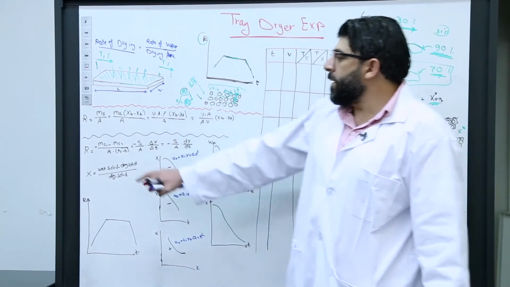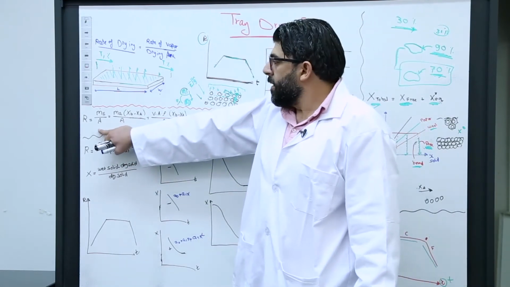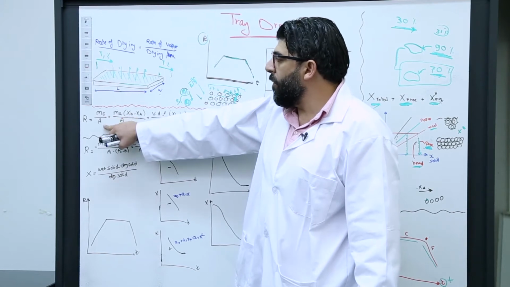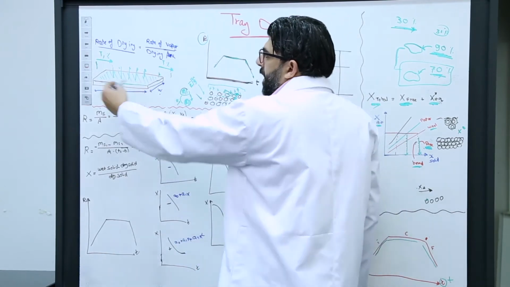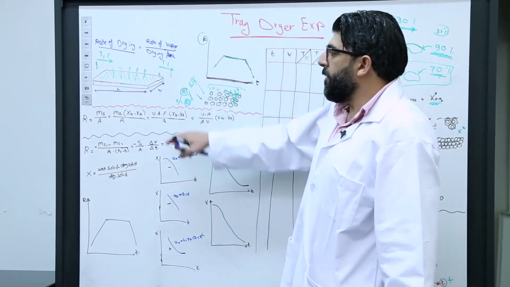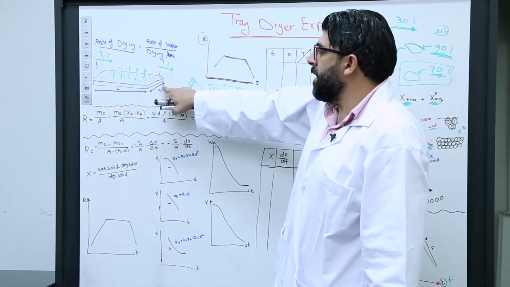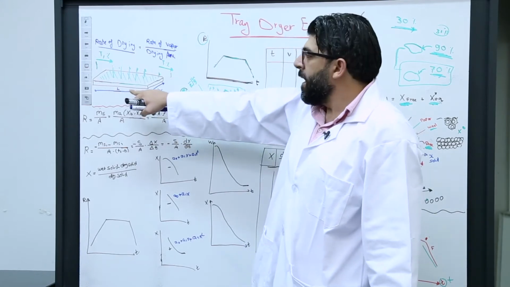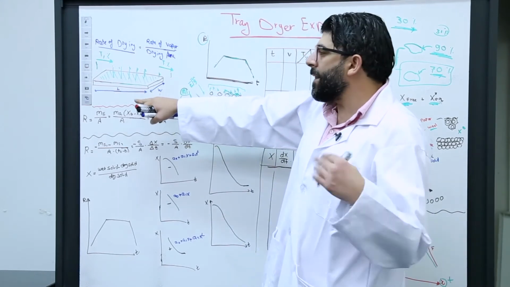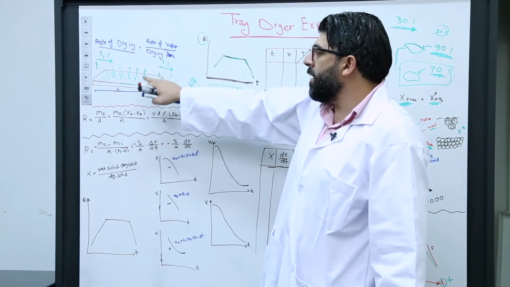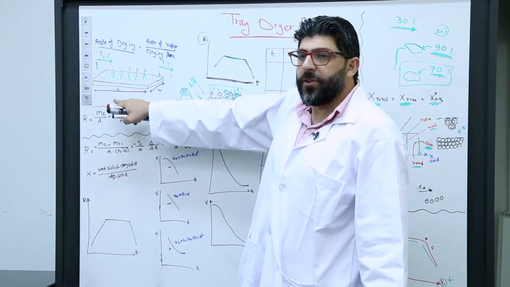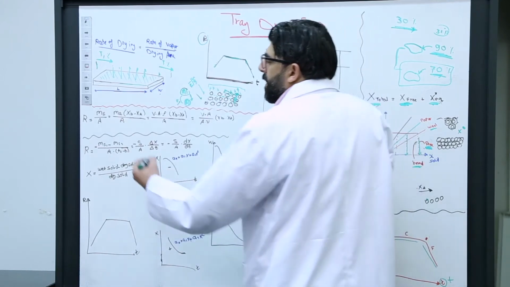Now we said the rate of evaporation equals the mass flow rate of vapor over the drying area, and this is the drying area. If you have only one tray, then it will be the surface area of one tray. If you work with multiple trays, like 2 or 3, then it is the surface area of one tray times 2 or 3. So this is the tray area.